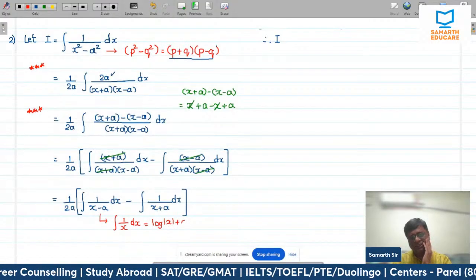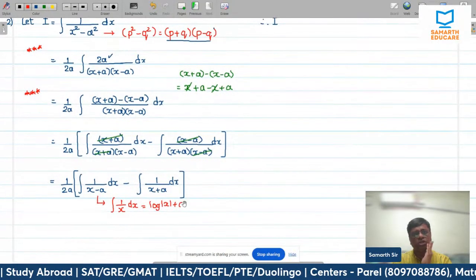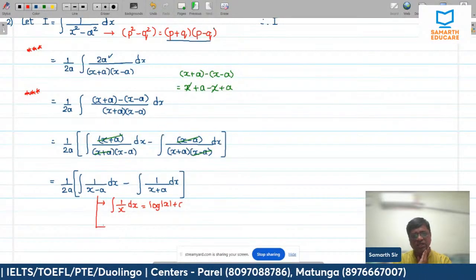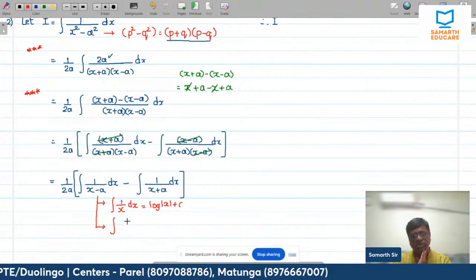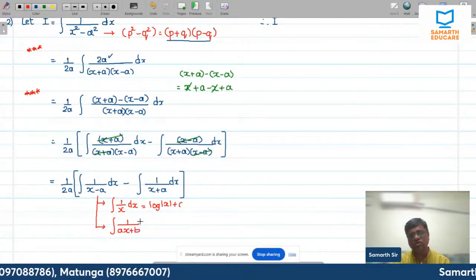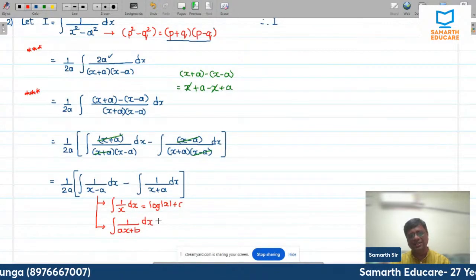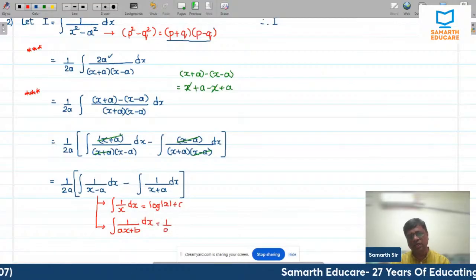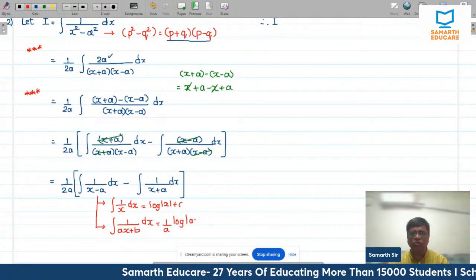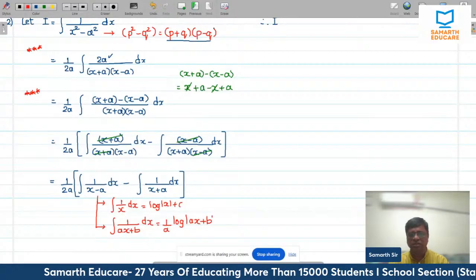And plus c. And one more very important thing you have to understand: अगर 1 upon ax plus b आता है, that means it's a linear quantity with a coefficient of x as a, then this is 1 upon a log of, again the same thing, you have to divide by the coefficient of x plus b plus c.